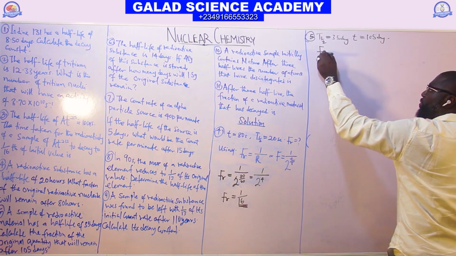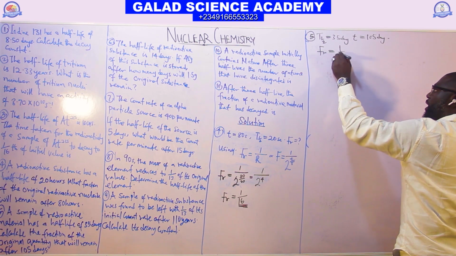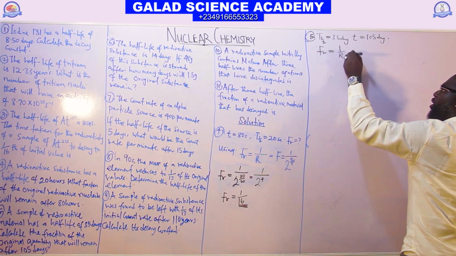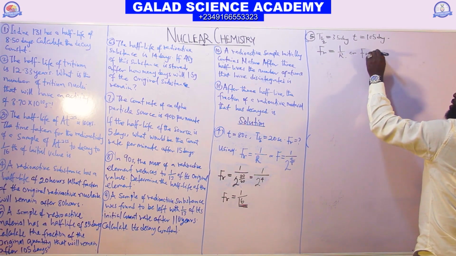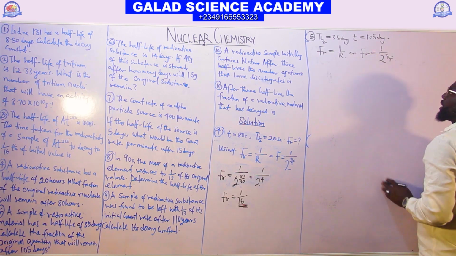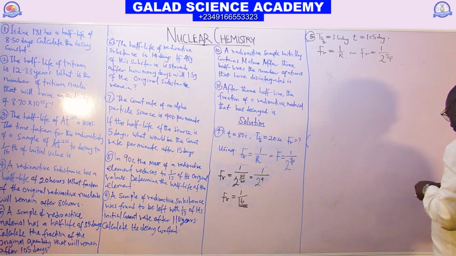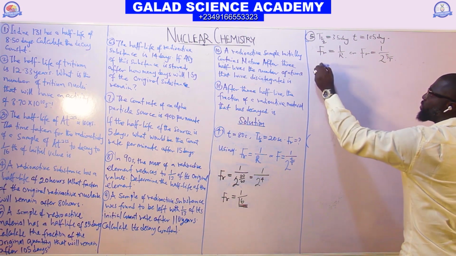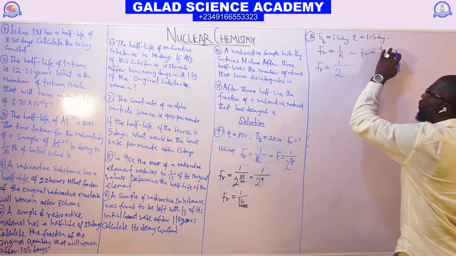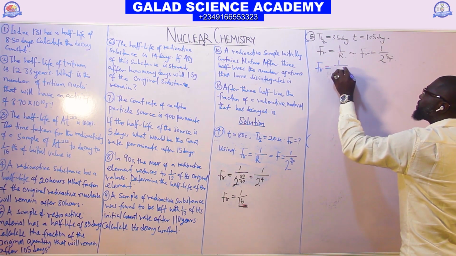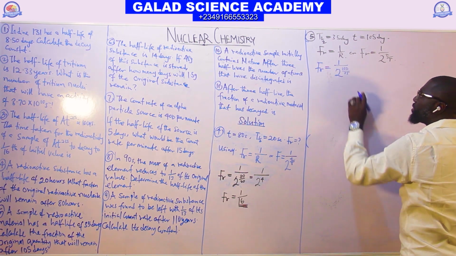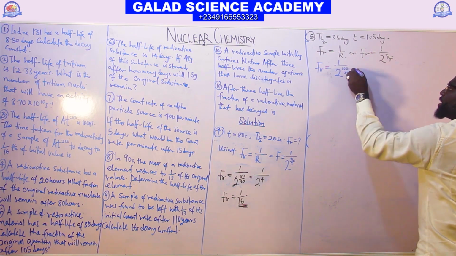The fractional remainder for radioactivity is the reciprocal of R, or you can say it is 1/2 to the power small t over capital T. By applying this formula, the fraction remaining should be 1/2 to the power 105 over 35. 35 into 105 gives 3.